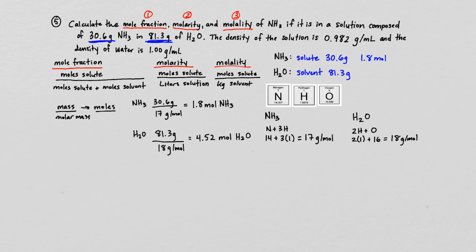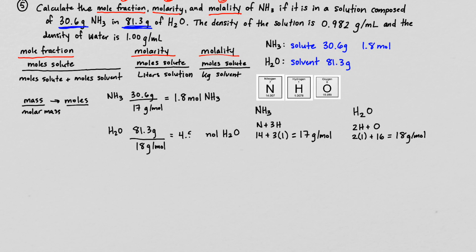I guess if we're being consistent here, we can say that this is actually 4.5, if we want to keep our numbers about the same. So 4.5 moles of H2O.